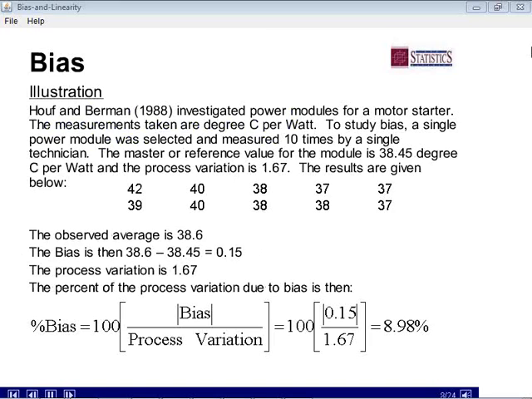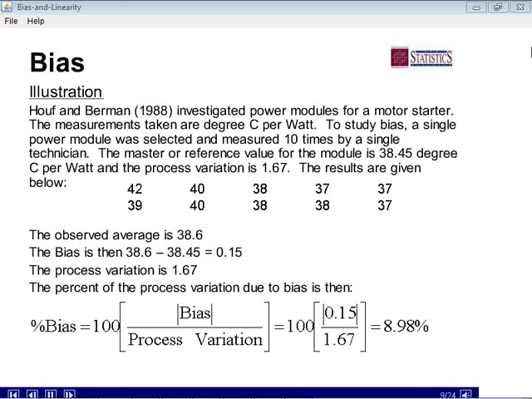Just to illustrate quickly an example of how the percent bias can be computed, I've taken a situation and created some data here. The House and Berman 1988 paper investigated power modules for a motor starter. Measurements taken are in degrees Celsius per watt.